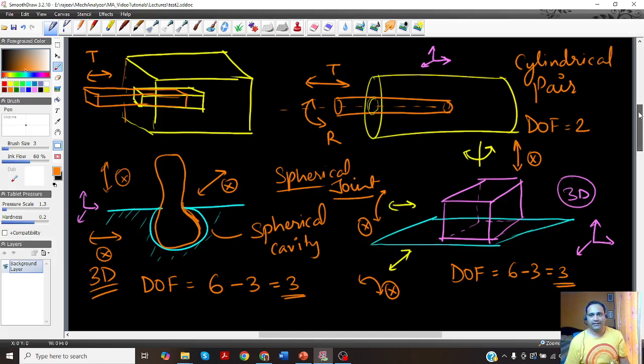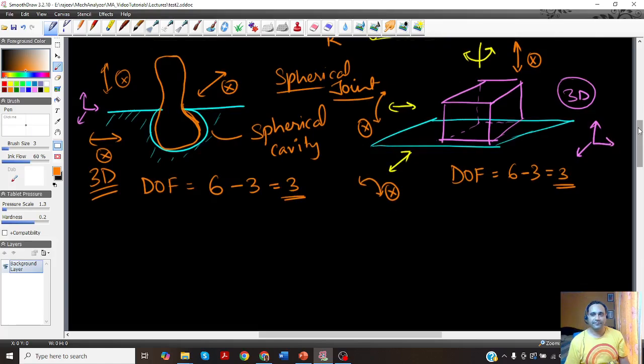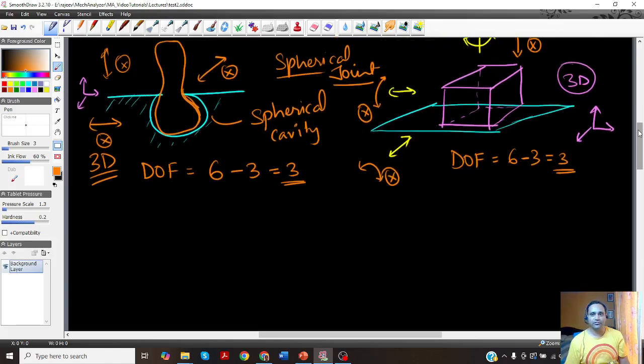Okay, so like that there are different examples that are given, so you may be able to go through them, and maybe I'll give you one more example. So imagine, this is now 2D, I have a curve like this, and there is a circular disc.